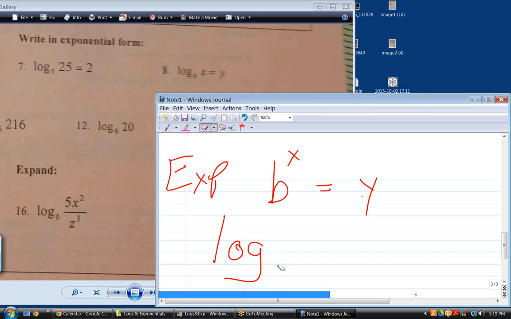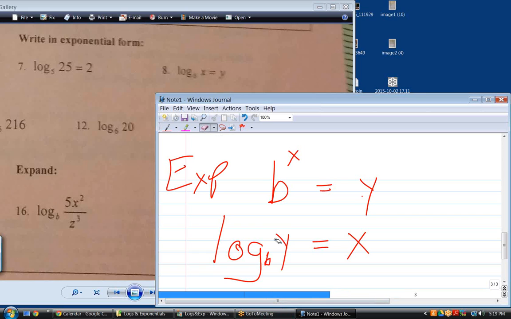Okay, but I can make this easier. What has to be on the right side of the log equation? X. Right, because logs are exponents. So now you only have to figure out where two things go, the b and the y. B always goes down there like that.